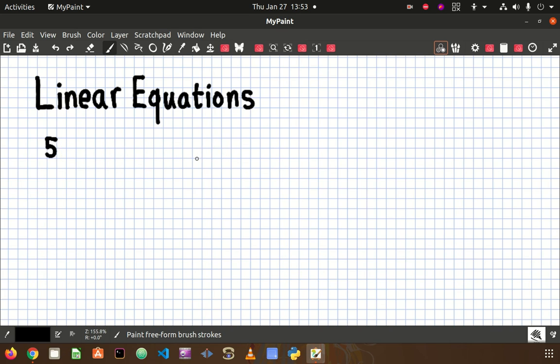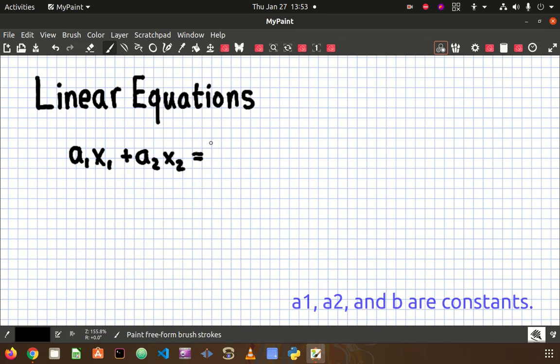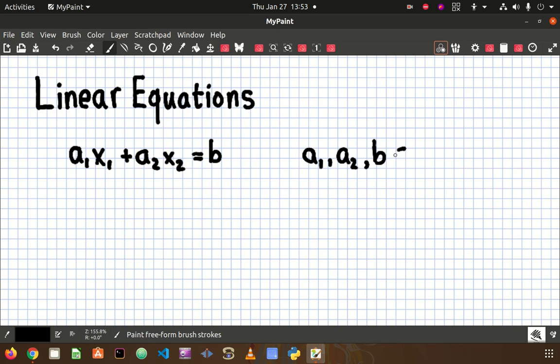So what does a solution to a linear equation look like? Let's say I have a sub 1, x1, plus a sub 2, x2 equals some constant that I'll just call b. Now in this case, a sub 1 and a sub 2 are not variables, they're constants, which means a sub 1, a sub 2, and b are just constants that belong to the real number system.